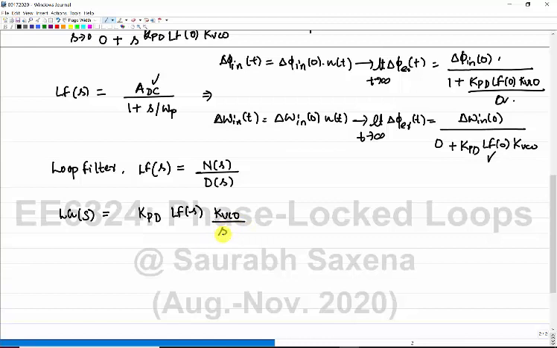Now, there are two things which are defined. One is the type of PLL, and this is defined as the number of integrators in the PLL loop. So what is an integrator?